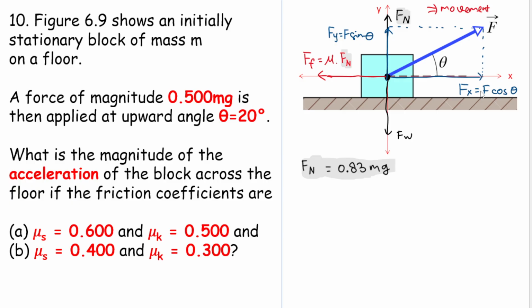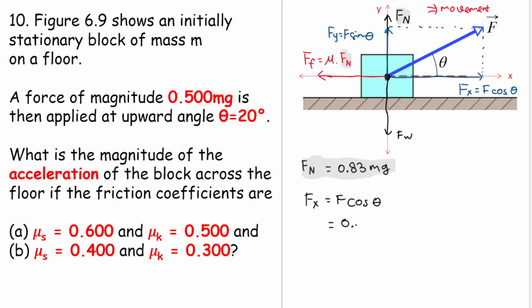Now let's calculate this Fx here, because that is also an important value. What is our Fx? Fx here is F cosine of theta, and F here is 0.5 mg.